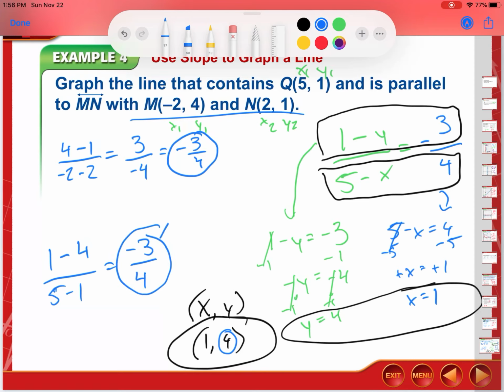And so what we're left with is negative 3 over 4, which is that initial slope that we had. So it confirms that our new point would be 1 comma 4 to make those lines parallel.